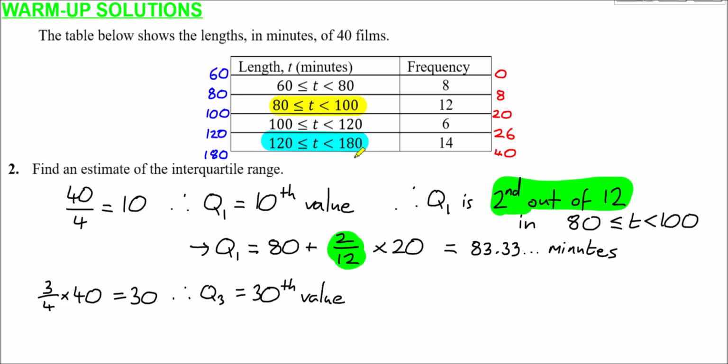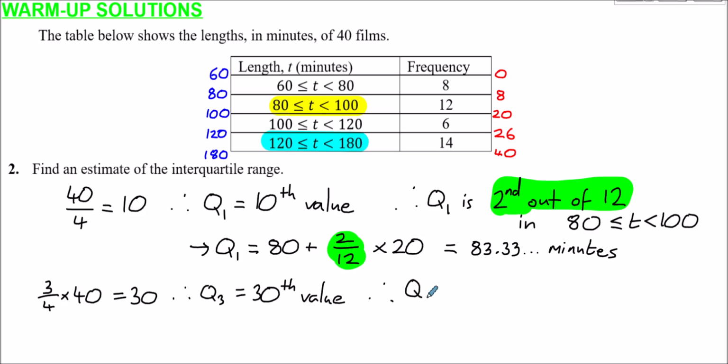Next, we need to consider whereabouts the 30th would be in relation to this interval. Well, this interval starts immediately after the 26th value. We're wanting the 30th value. 30 minus 26 is 4. So this tells us that the 30th value is going to be the 4th value in this interval.